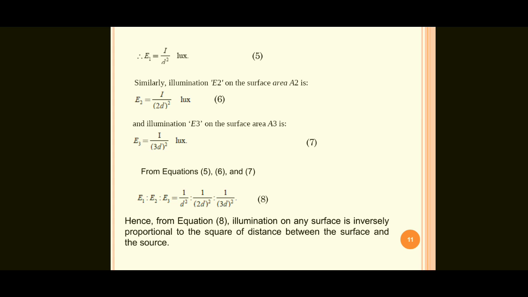So nature of light means it is electromagnetic energy radiated from a body, and the human eye is capable of receiving it.